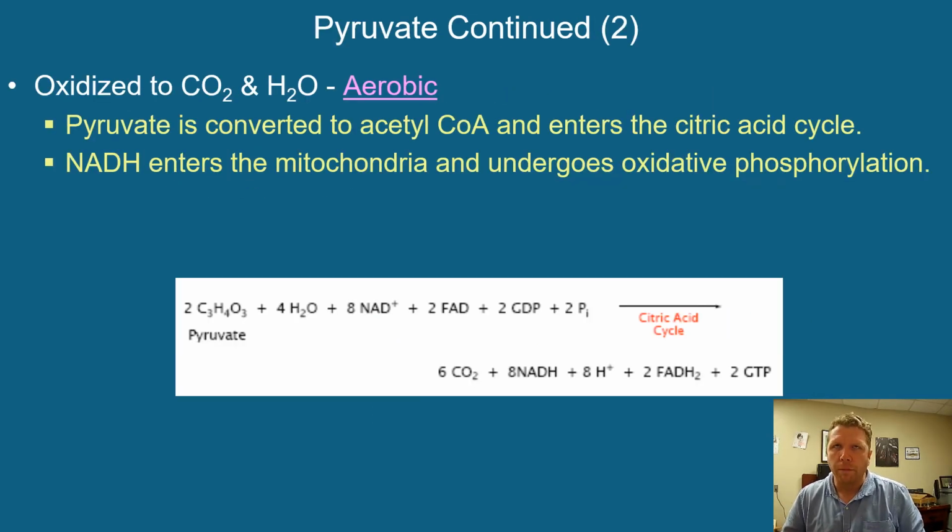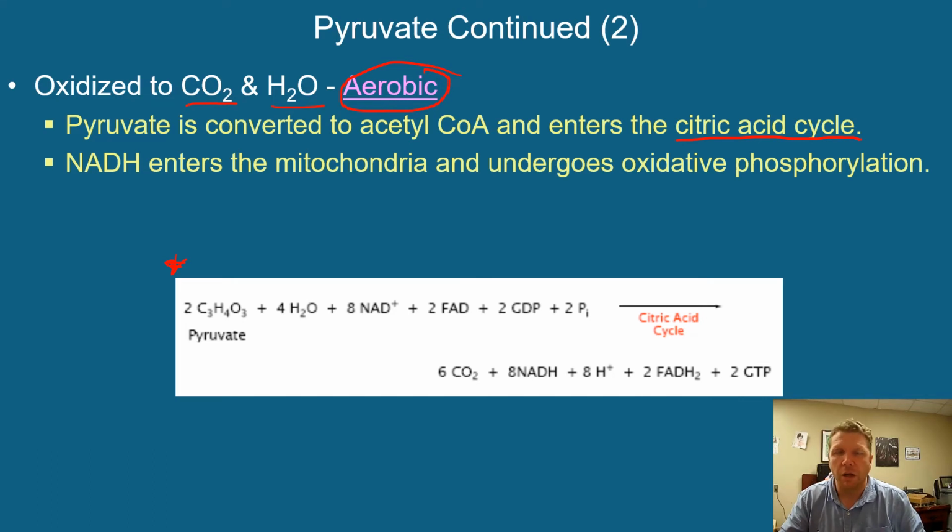Now, when pyruvate is metabolized ultimately to acetyl-CoA and enters the citric acid cycle, we're going to have a different output than the other fates. It's completely oxidized to CO2 and H2O. This is an aerobic process. We have to involve oxygen in this entire process. Here is the total reaction.